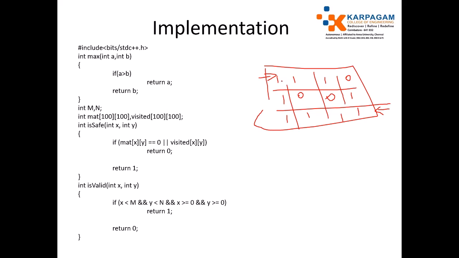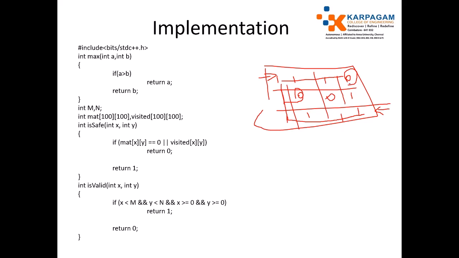We can move forward to reach the destination, but here we have hurdles, so it is not possible. We can move here, but it is not possible here. But if we move here, we can reach the destination at a cost of 1, 2, 3, 4, 5, 6. Total cost is 6. Likewise, we can find the longest path.